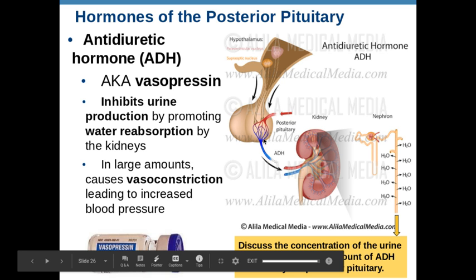So one of this hormone's targets is the kidney, because it tells the kidney, hey, hold on to that water because we need to keep it in the blood for whatever reason. So if we're holding on to water in the blood, that means blood volume is going to increase, because if we're not urinating out water, we're keeping it in the blood.